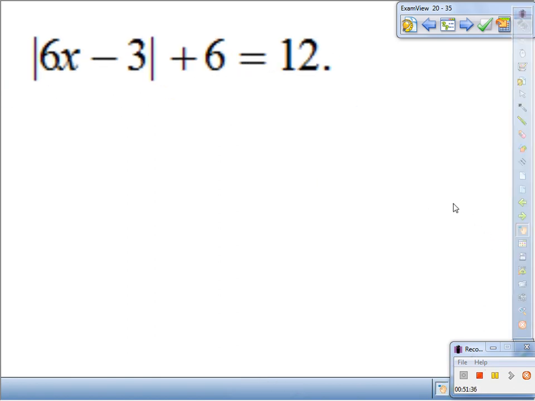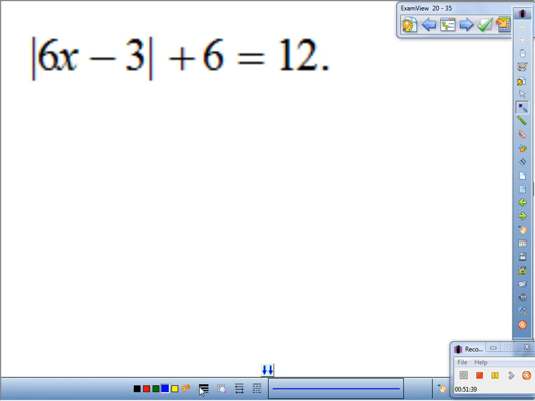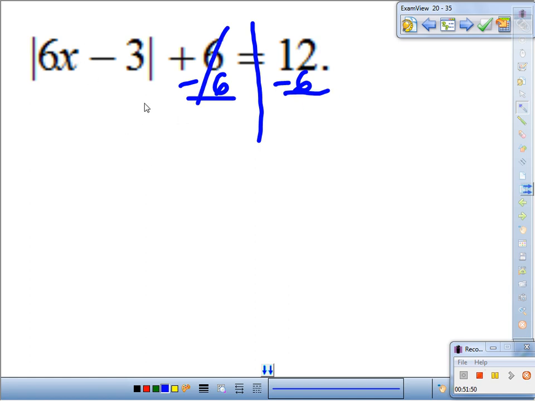All right, so let's do this one together. Ready? Here we go. Line down the equal sign. We need to leave the absolute value by itself. What's next to it? The 6. So we subtract 6, subtract 6. We're left with absolute value 6x minus 3 equals 6.